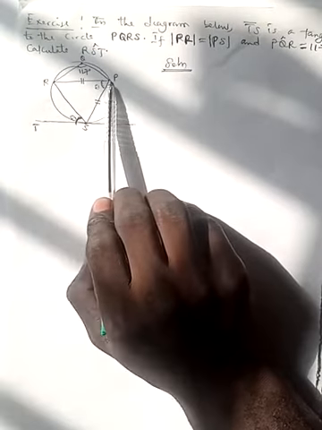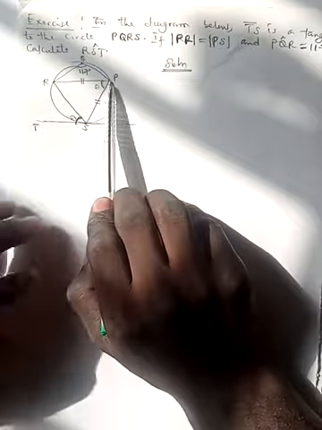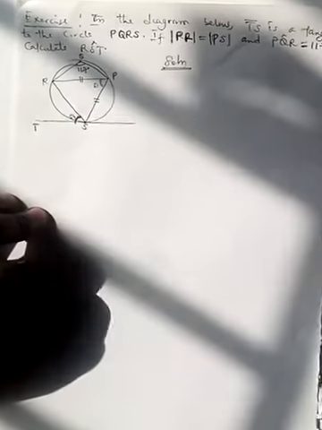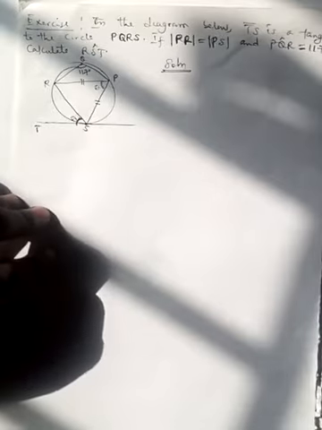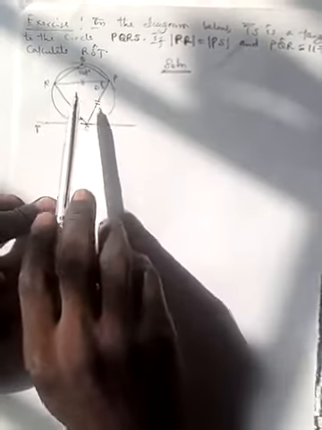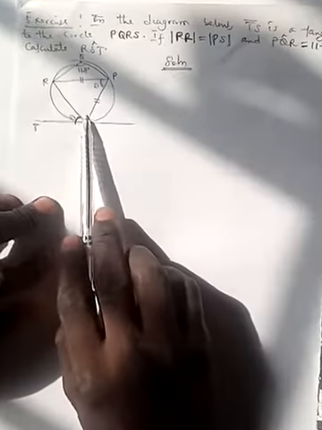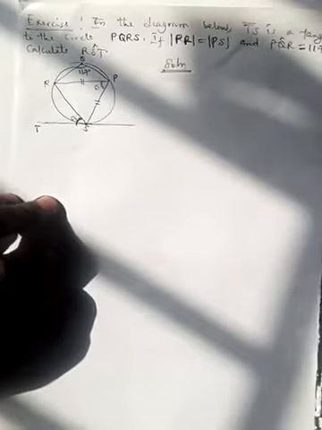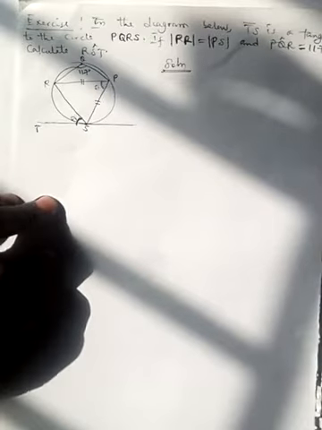And there is a fact we know about a cyclic quadrilateral, that the opposite angles sum up to 180 degrees. So we can use the fact that this angle plus this angle must be equal to 180 from the cyclic quadrilateral theorem that we looked at.